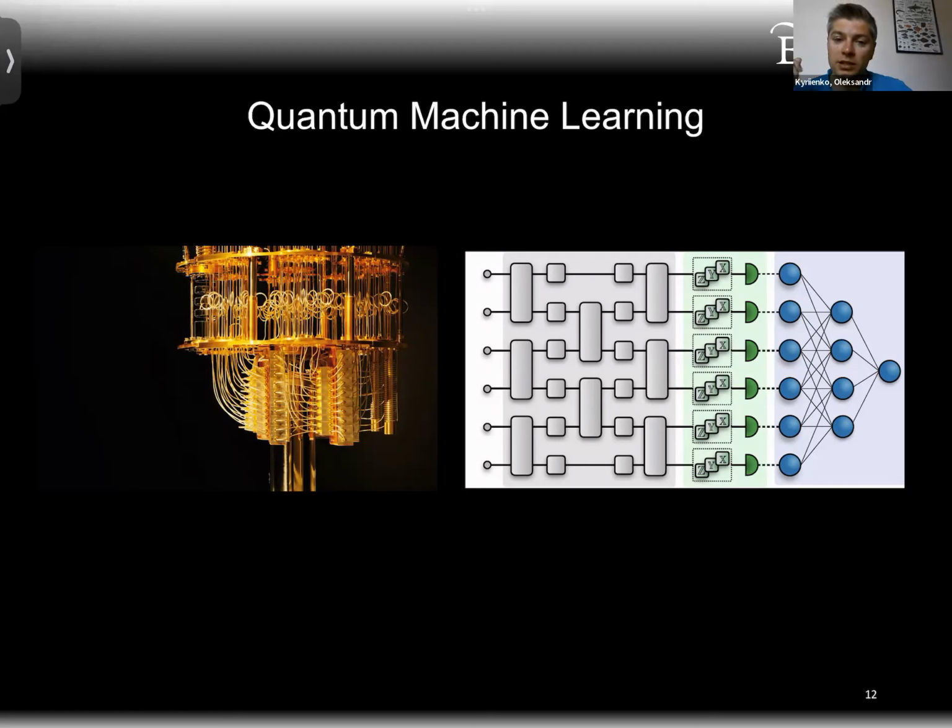I know that the views are divided. Some believe it will be chemistry, others believe it is in generative modeling. So I'm interested in your opinion. Just write a couple of examples. What do you believe will be the future of quantum computing?